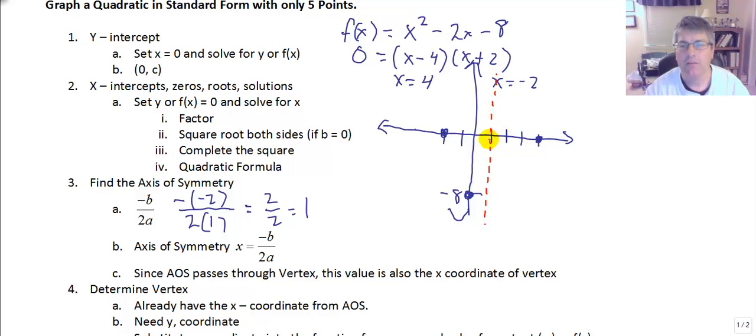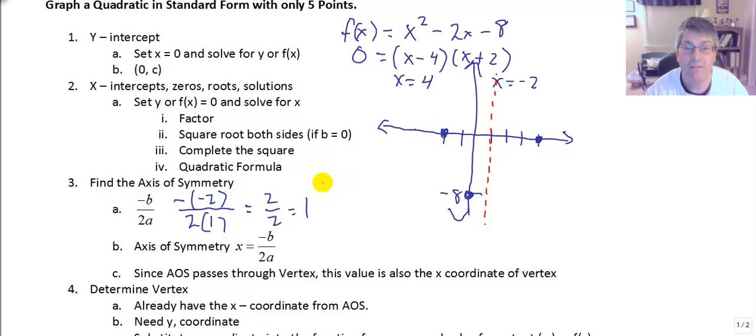And you may notice 1 evenly splits our 2 x-intercepts. Well, that totally makes sense. A parabola is symmetrical about its axis, the axis of symmetry. So it totally makes sense that this would split evenly wherever our 2 x-intercepts are. Those would be the same distance to the right and to the left of the axis of symmetry.